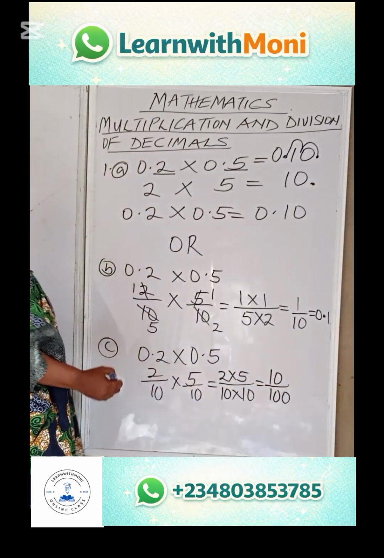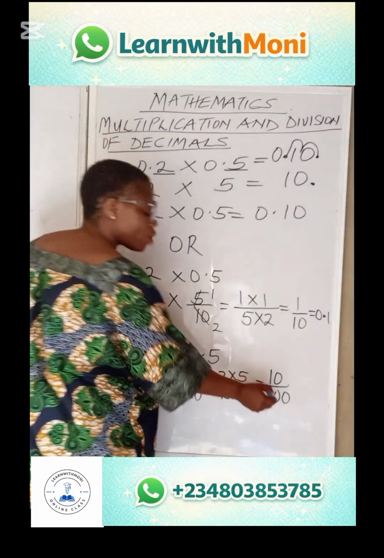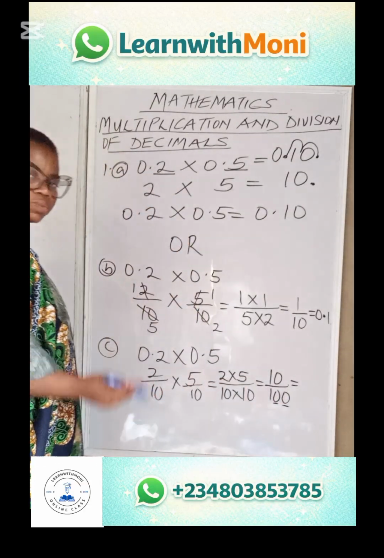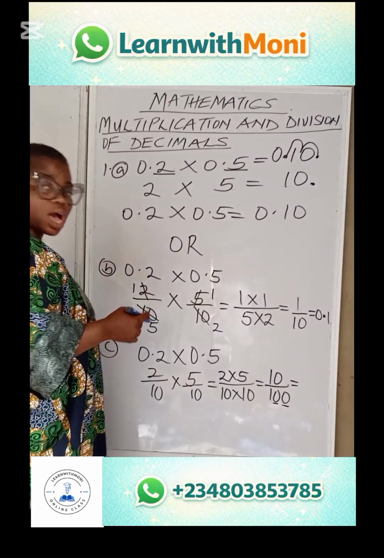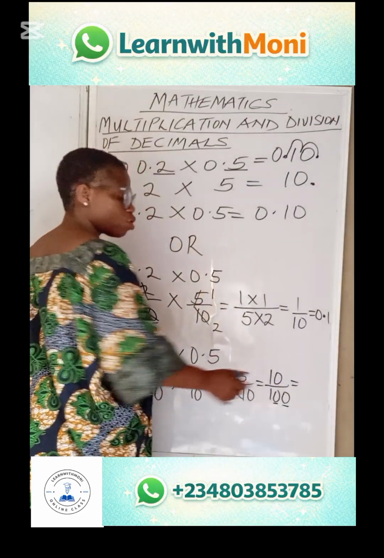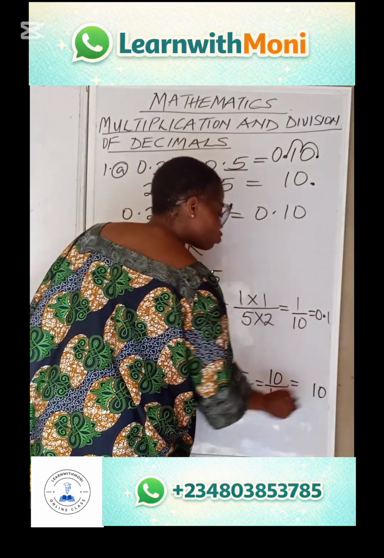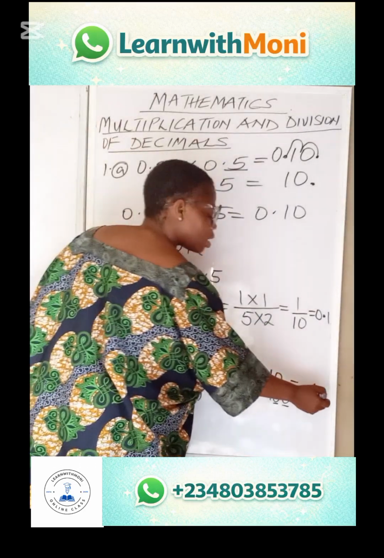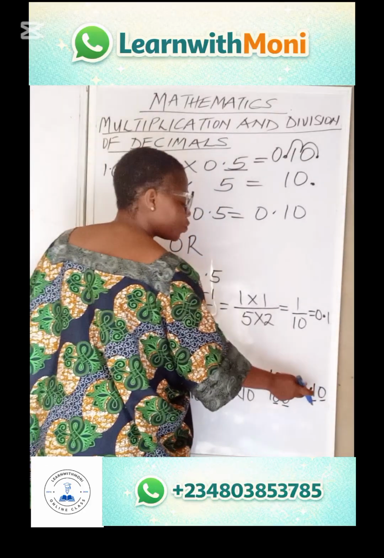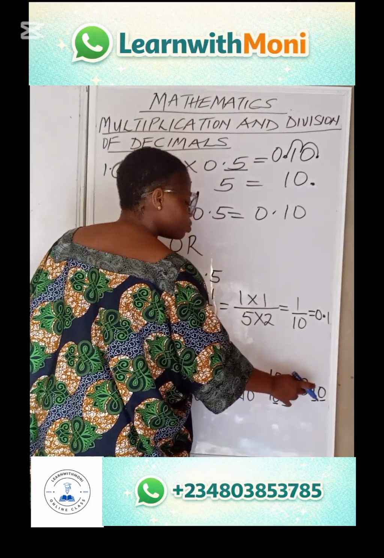So I have 10 over 100. This over 100 is telling me that at the back of my decimal point, I should have 2 digits. And among those 2 digits should be my 10 at the top. So I'll write my 10. It is already occupying the 2 digits at the back of my decimal point. So I'll position my point and fill the front with 0.